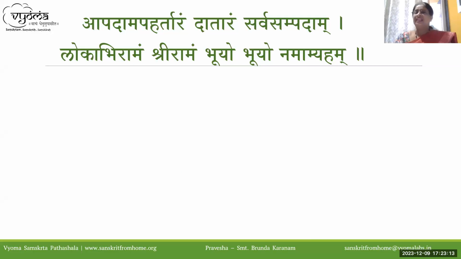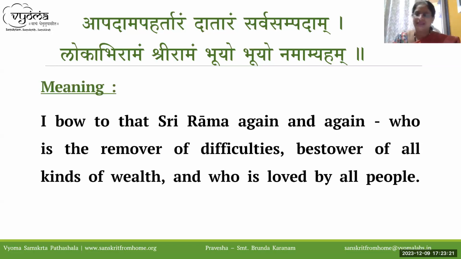Very good. Very well deduced. You analyzed each word, and that is exactly the way a shloka has to be understood. It's a very good step. Sri Rama again and again. Bhuyo namamyaham. Aham Sri Ramam bhuyo namami. What kind is Sri Rama? Apadam apahartaram asti. Sarvasampadam data asti.